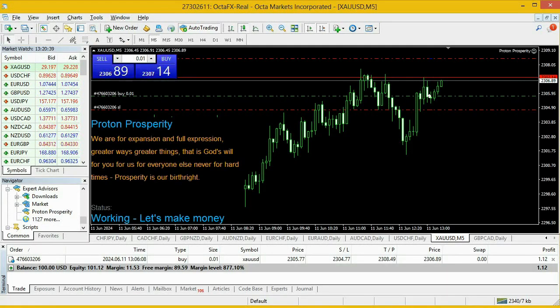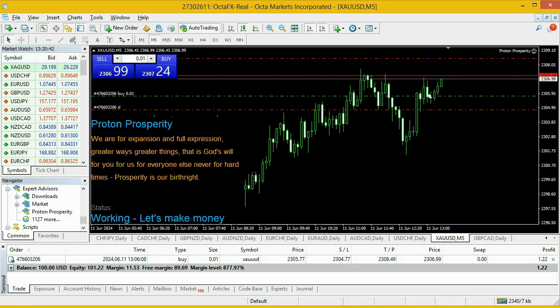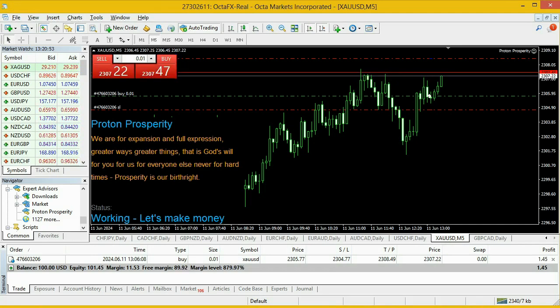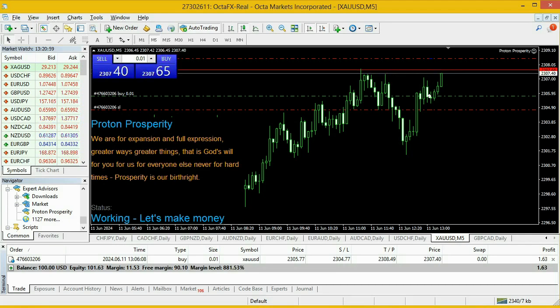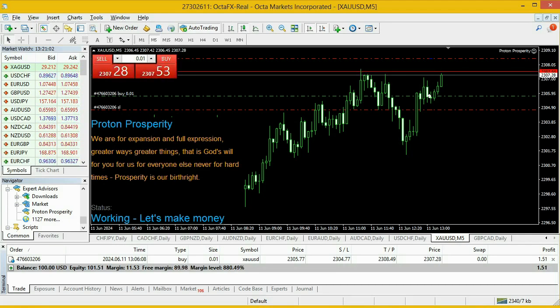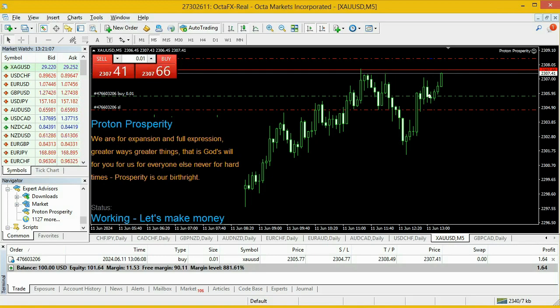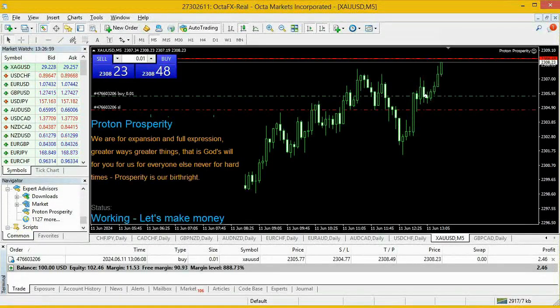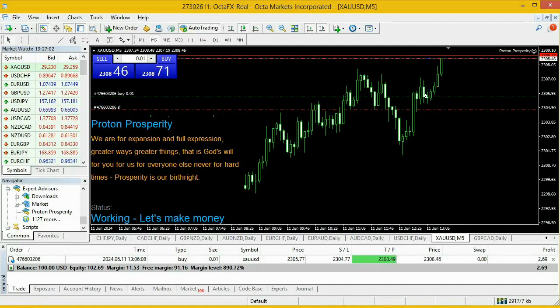This is where we are, almost 15 minutes into the trade. As you can see, price is moving towards our profit target. Moving forward. This is 20 minutes into the trade. We are almost on take profit.